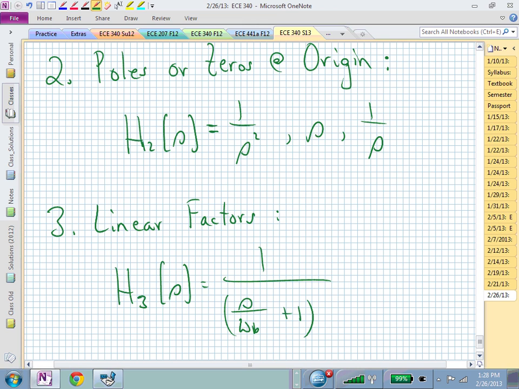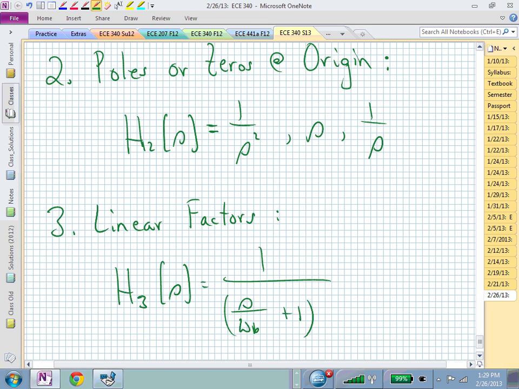If somebody gave you this transfer function and asked what that system is doing, what would you tell them? It's a low-pass filter, isn't it? What's the DC gain of that system? 1. So it's going to be flat until it hits this pole or break frequency, and then it's going to go down. You know what a low-pass filter looks like. So now you can anticipate what you're going to be sketching in terms of the magnitude behavior of that h sub 3 if you just had one linear factor.